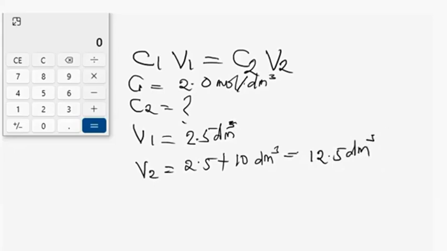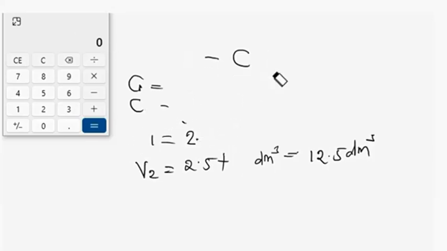So guys, having gotten this, let's go ahead and wipe this off. We're going to still make use of our equation C1V1 equals C2V2.